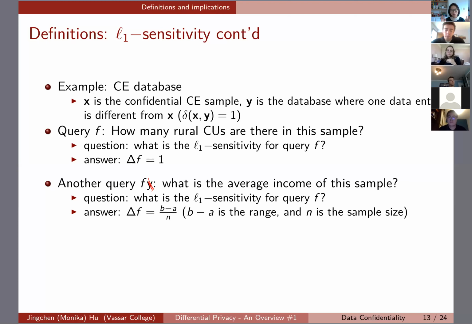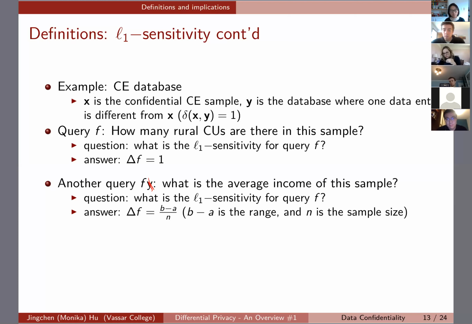To me, people might come from different backgrounds, so they might have different values for B and A. So if I'm doing this, and then if Reese is doing that, we might come up with a different delta F, even though we're working with the same thing.